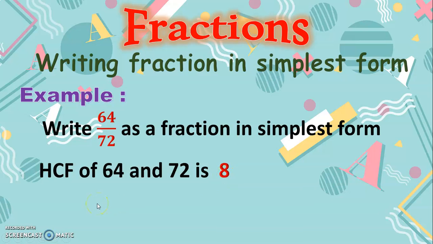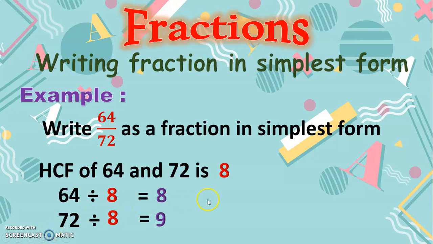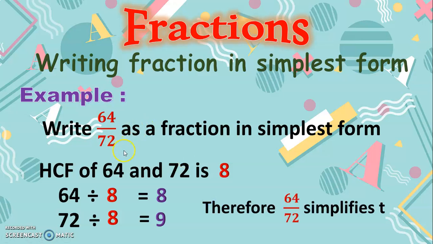Again, the step is to divide the numerator first. 64 divided by 8 is equal to 8. After that, divide the denominator. 72 divided by 8 is equal to 9. In other words, the simplest form of 64 over 72 is 8 over 9.